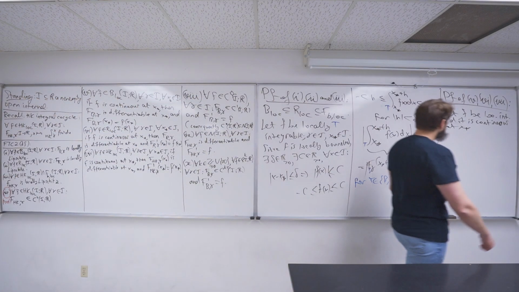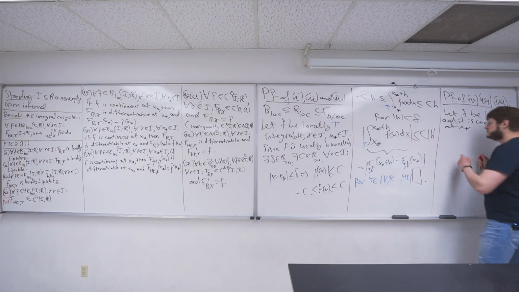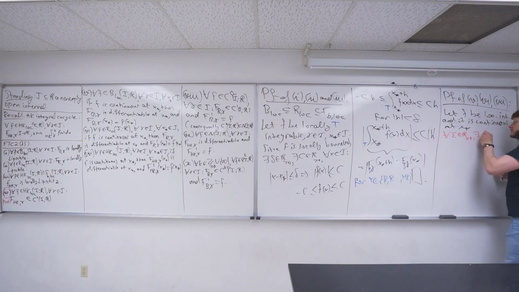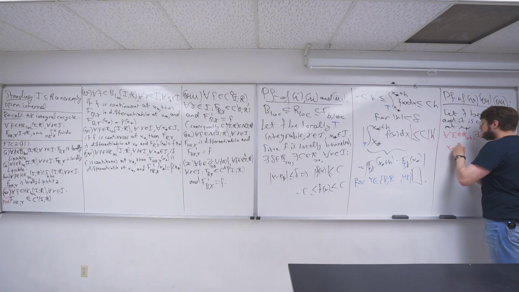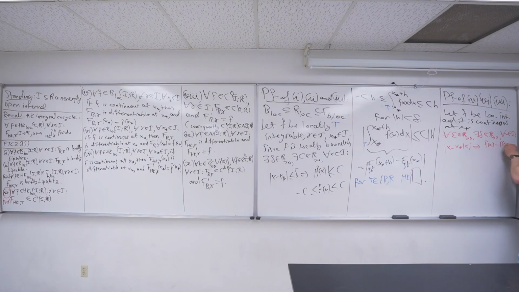Well, maybe let's write it down. What does it mean for lowercase f to be continuous at x star? That means that for any epsilon, there is a delta such that for any x in I, if |x minus x star| is bounded by delta, then |f of x minus f of x star| is going to be bounded by epsilon.